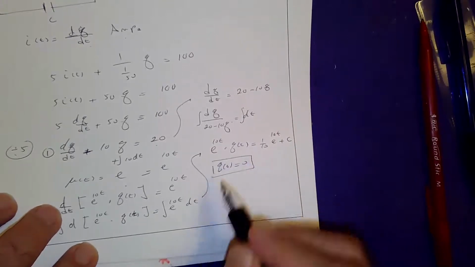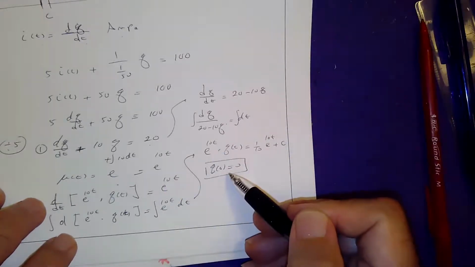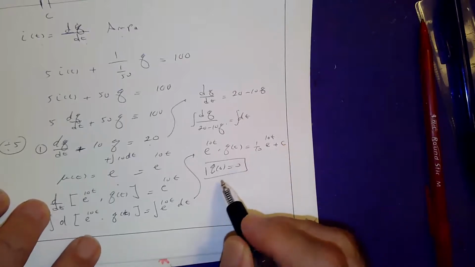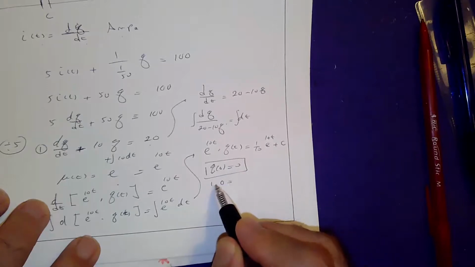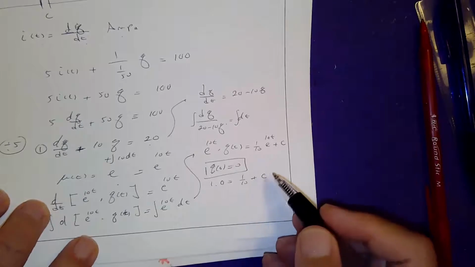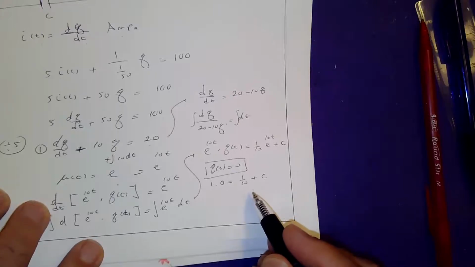Therefore, 1 times 0 equals 1 over 10 plus C. Is that right? So what would C be equal to now?